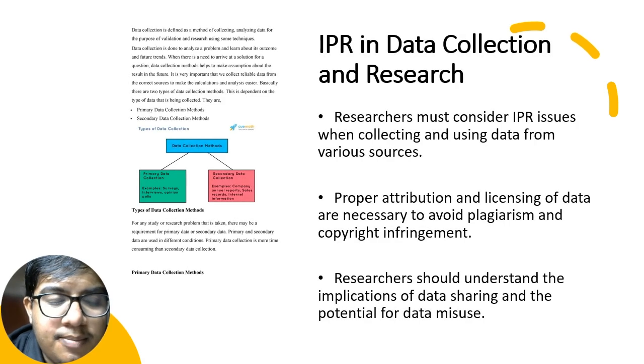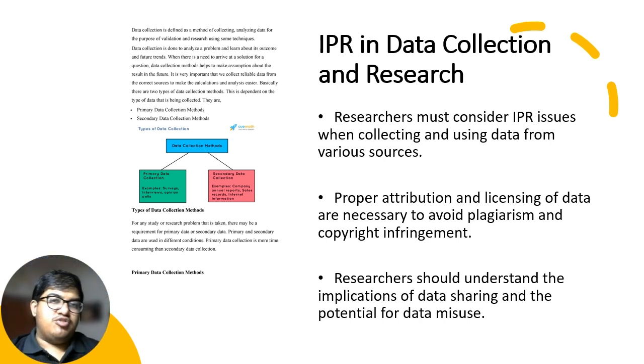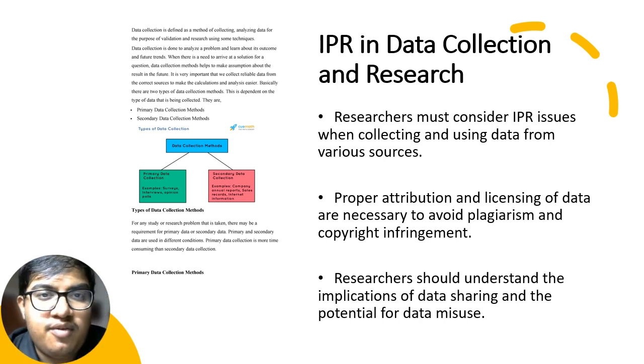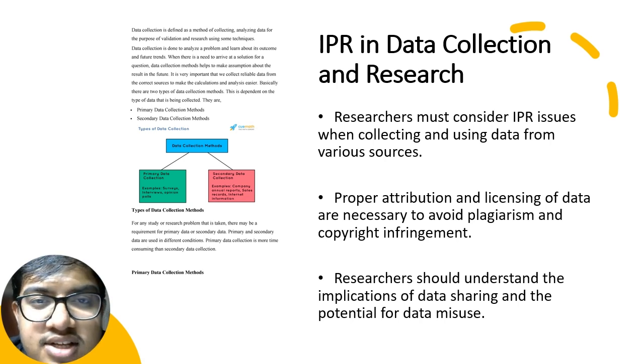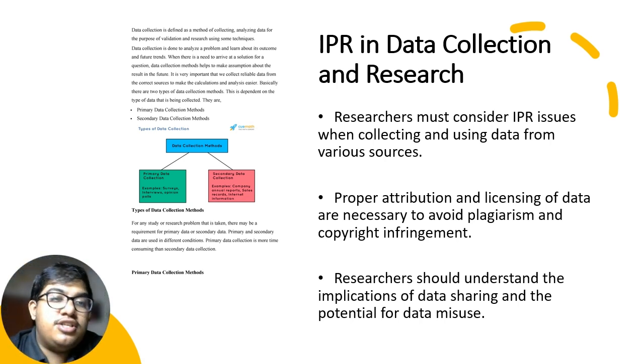Now coming to intellectual property rights and data collection in research. Researchers must consider the intellectual property right issues when collecting and using data from various sources. So as I said, plagiarism, taking others' content, some of these come under the intellectual property rights.